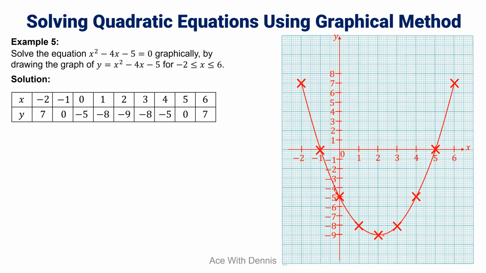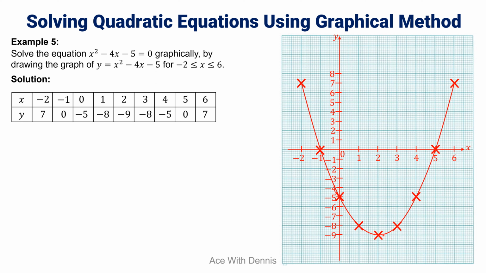Alright, now you can try this example yourself. Given the equation y equals -x squared minus 3x plus 6. A. Complete the following table based on the given equation. So this is the table given.